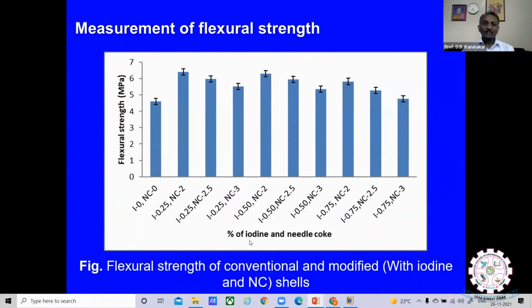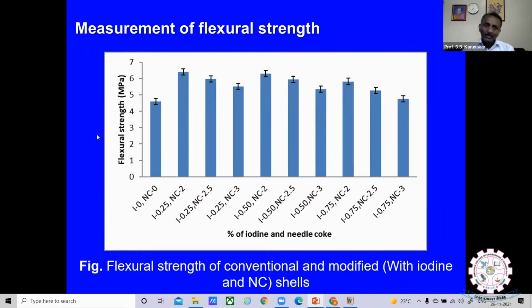Now, measurement of the flexural strength. You see these are all the different combinations. Here you can see iodine 0%, needle coke 0%, which means this is the conventional ceramic shell. And here you can see iodine 0.25%, needle coke 2%, 2.5%, 3%; iodine 0.5%, needle coke 2%, 2.5%, 3%; iodine 0.75%, needle coke 2%, 2.5%, 3%.